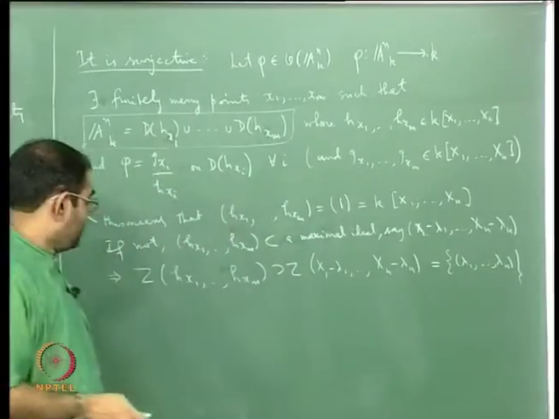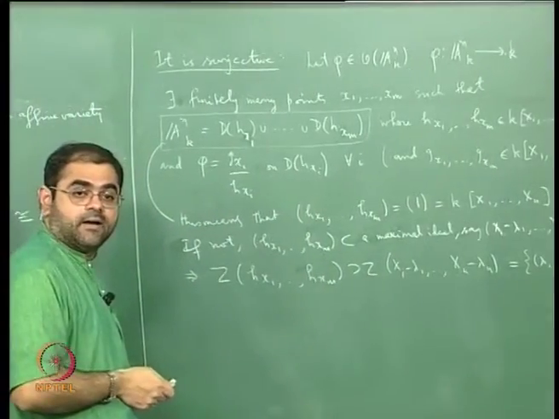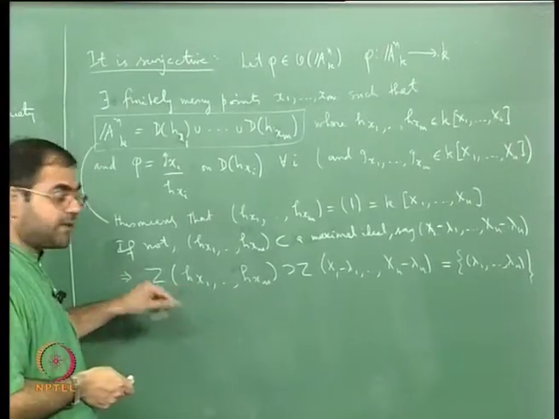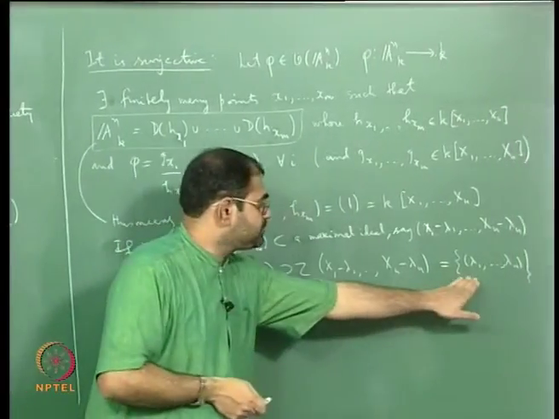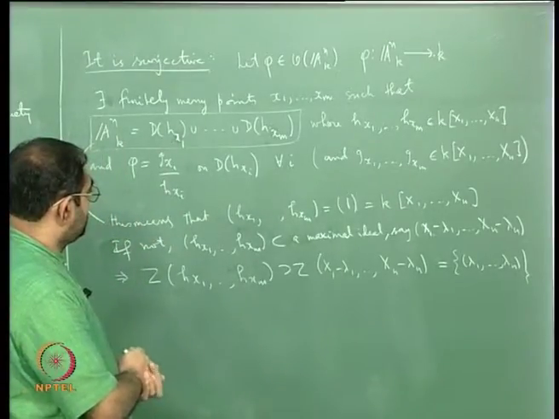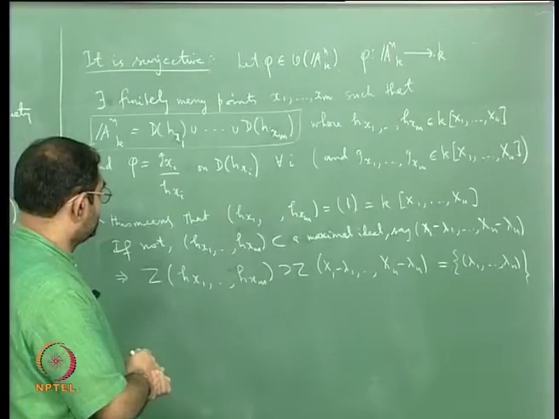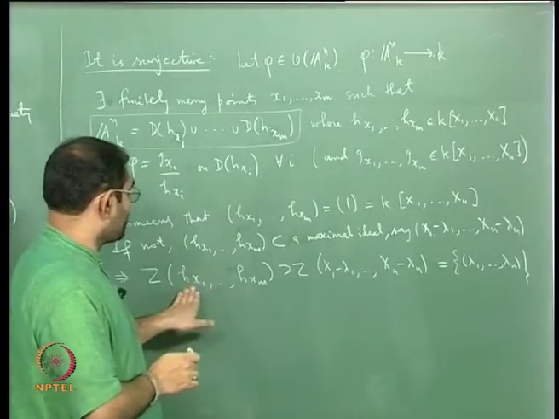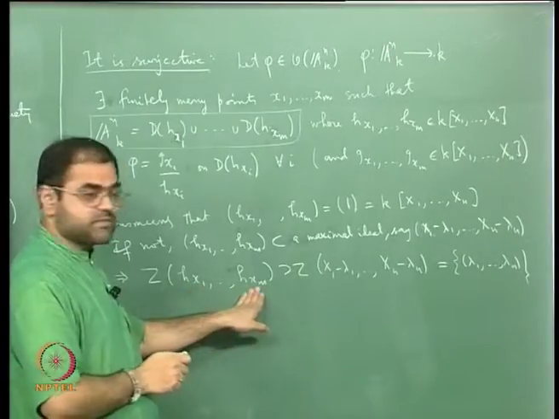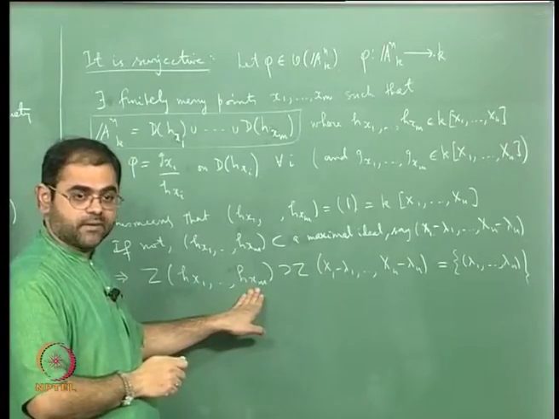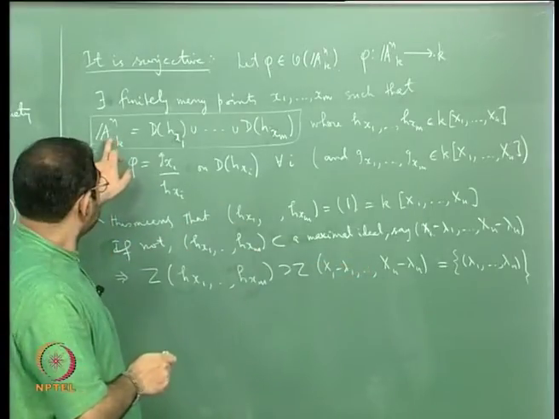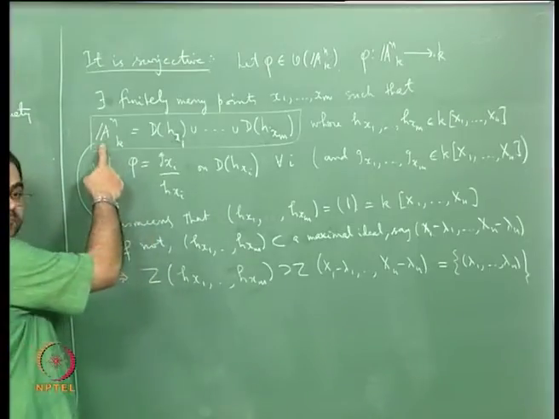Okay, alright. What this tells you is that this point is a common 0 of all these h's. Okay, and if this point is a common 0 of all these h's, that contradicts this statement, because this point is here.